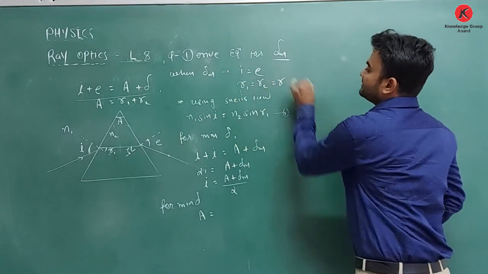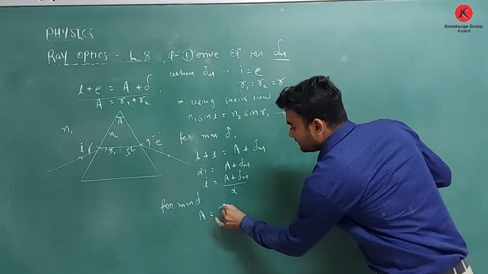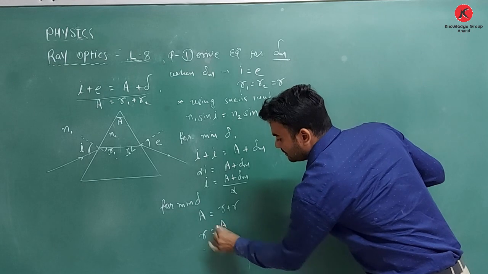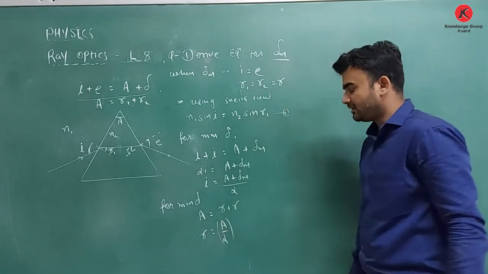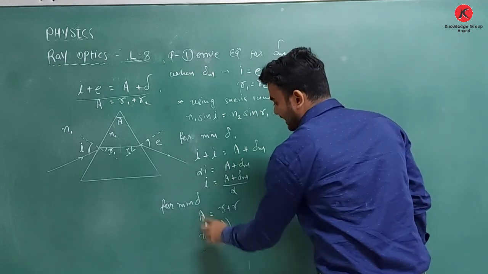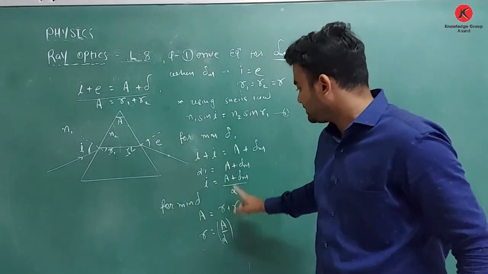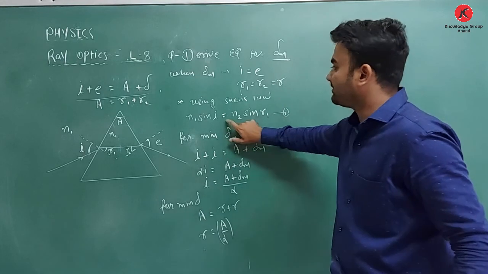Let's say it is R. So A is equal to R plus R, so R is equal to A by 2. So I got R. Why did I get this? Because I want to put the value in this equation.